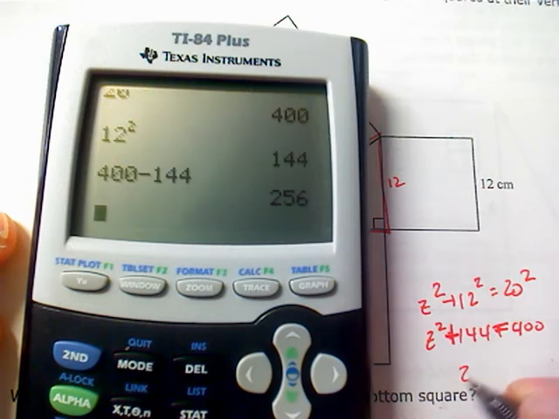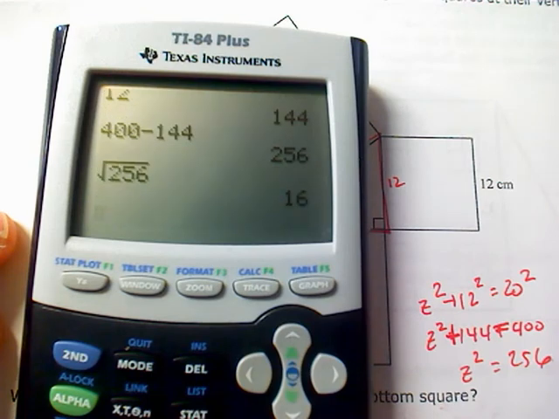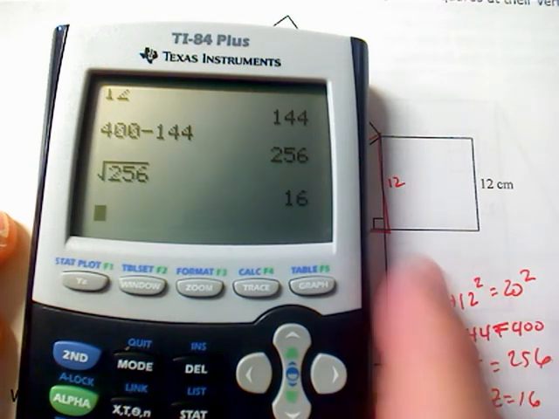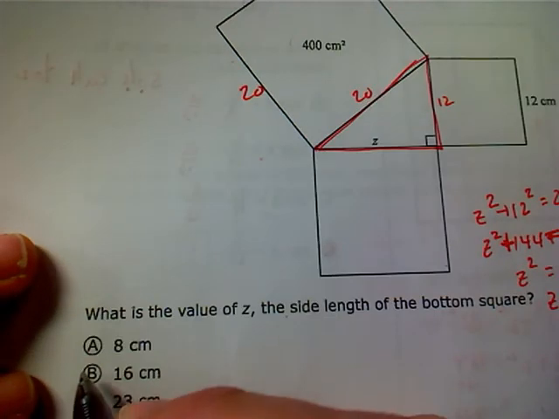So z squared equals 256. Z is 16. Double check that was the question. What's the side length of that? Yes, z is 16.